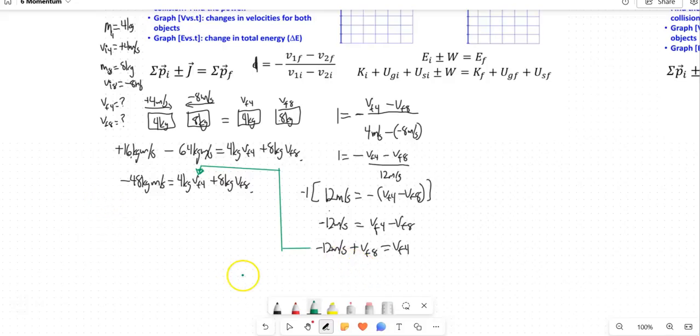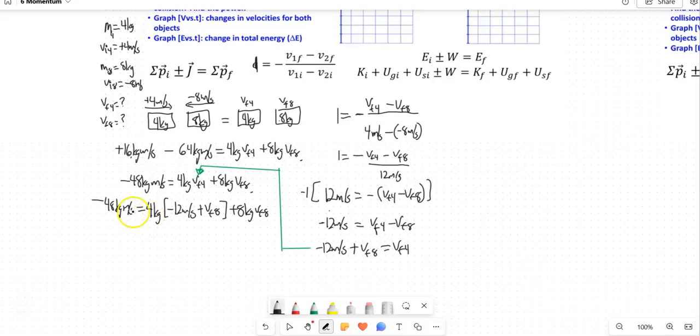Okay. Now, what we have is negative 48 kilogram meters per second equals 4 kilograms times negative 12 meters per second, plus 8 kilograms V final 8.